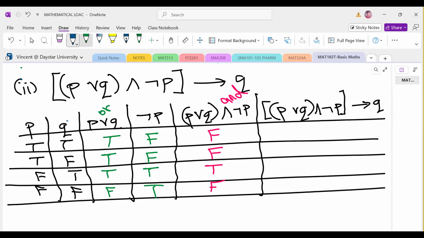Implication, okay? So this implication, or as you said, implies. So we have said implies, what are we looking at? How do we fill the column involving the implication condition?